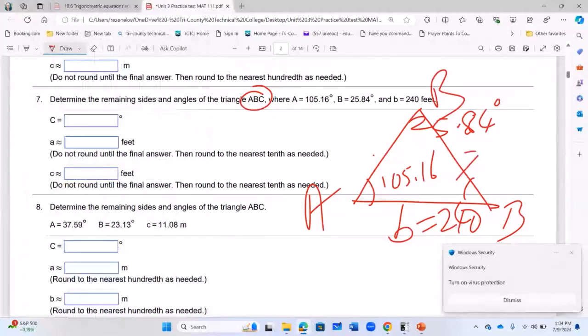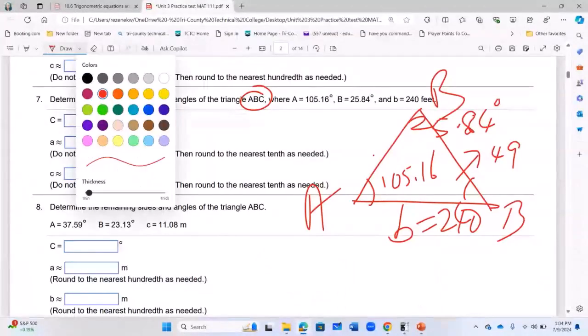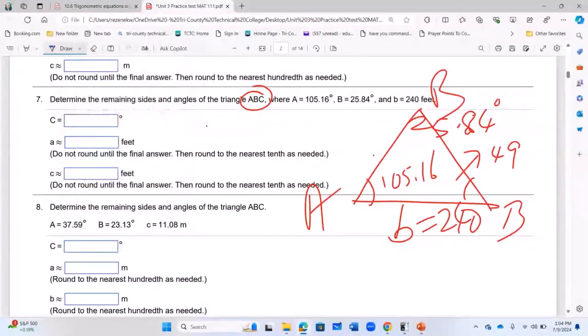So this one right here is 49. Okay, so now I have only one out of, remember I'm solving a triangle. I can make my own box or circle, whatever I want to make. So the measure of angle B is 49 degrees.